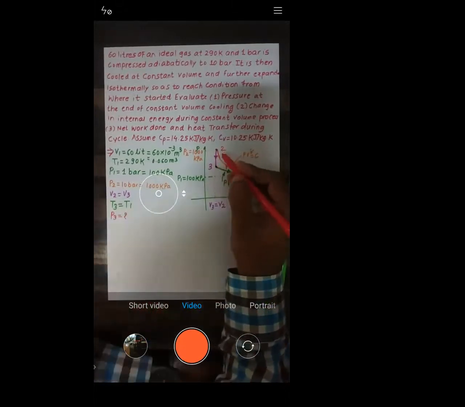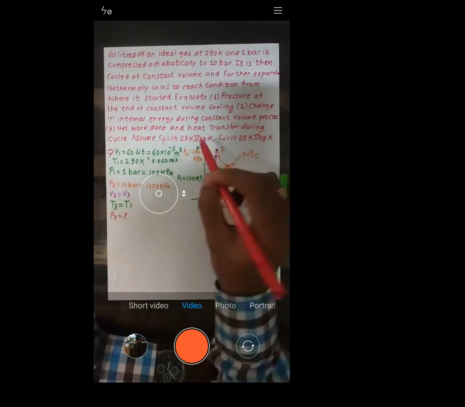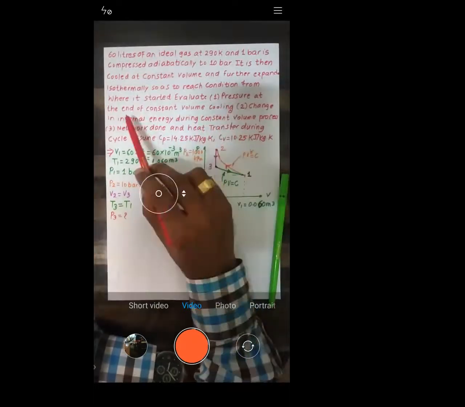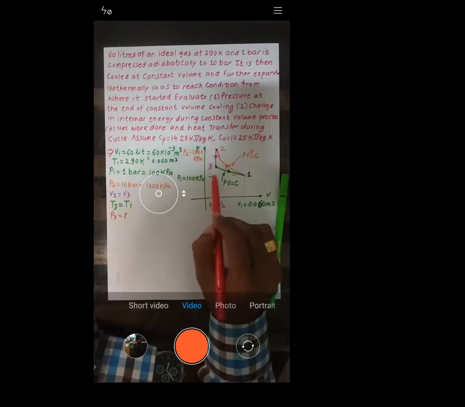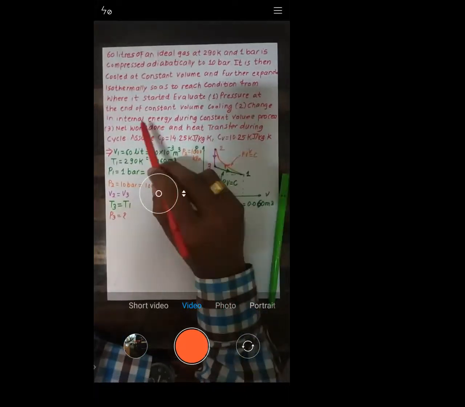From point 2 the constant volume cooling will start, and at point 3 it will end. So 3 is the end of constant volume cooling, and they're asking P3.